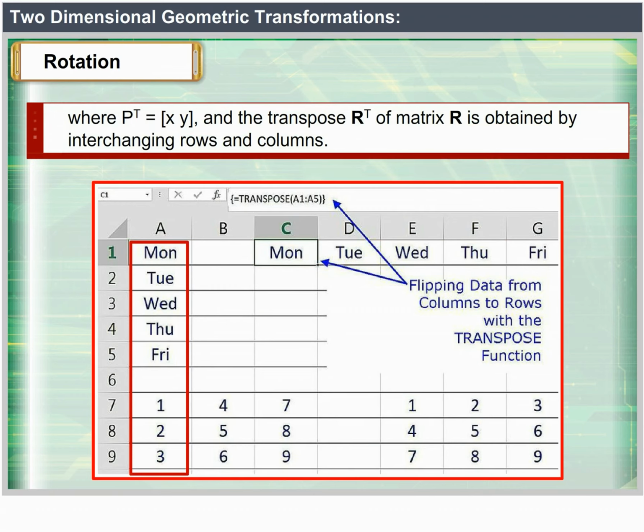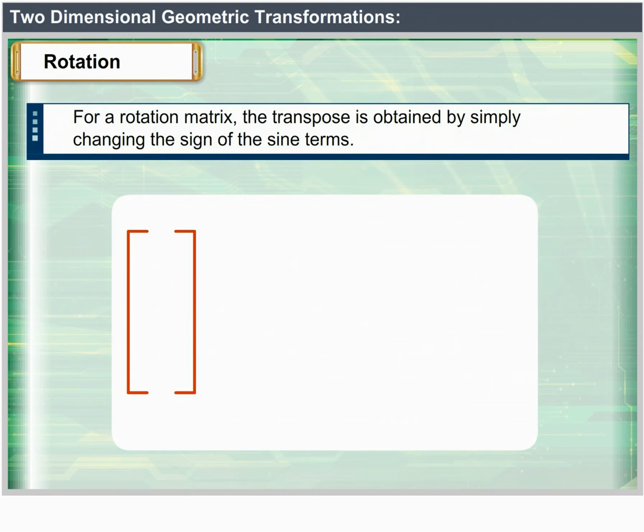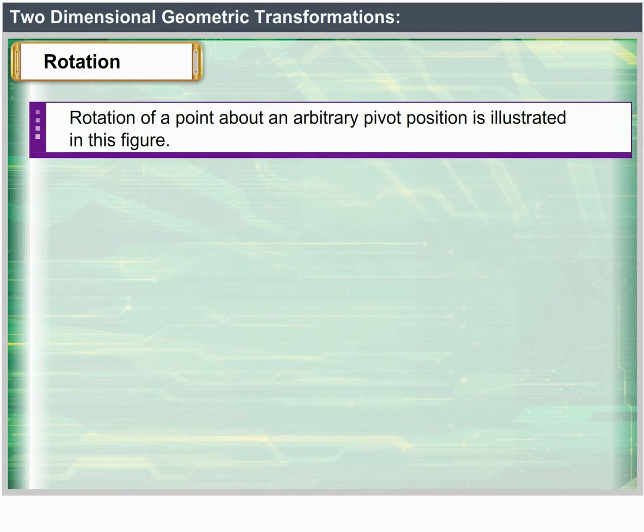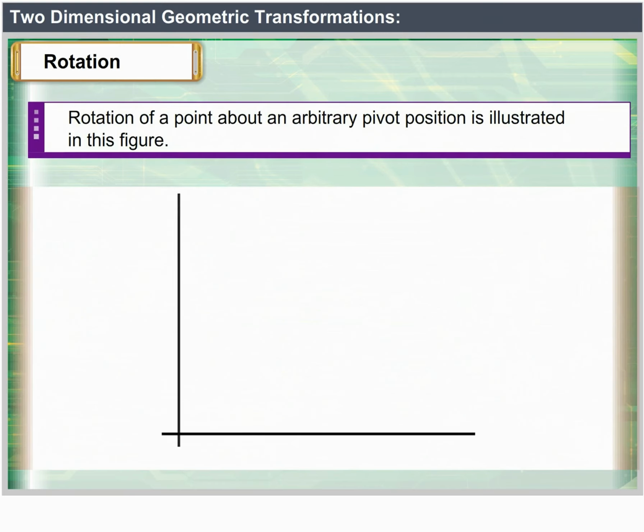Rotation of a point about an arbitrary pivot point is illustrated in this figure. The figure shows rotating a point from position (x, y) to position (x', y') through an angle theta about a rotation point (xr, yr).